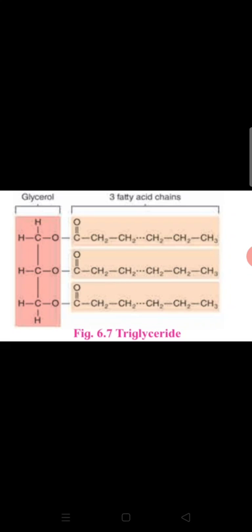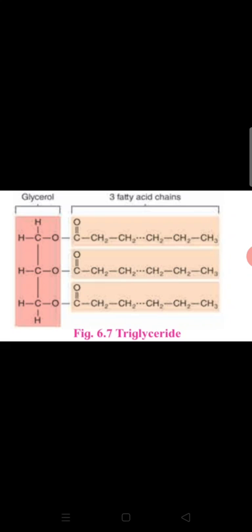These are esters of fatty acids with different alcohols. In short, fats and waxes are simple lipids. Fats are esters of fatty acids with glycerol, for example, triglycerides. Example you are watching on the screen, see triglyceride.